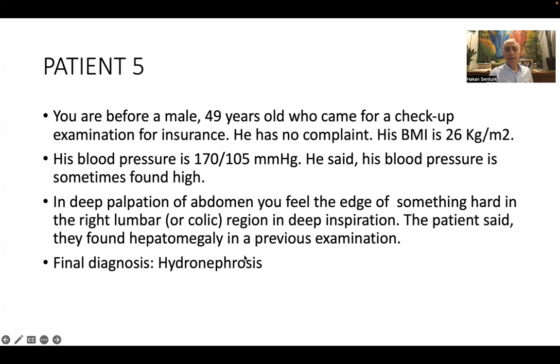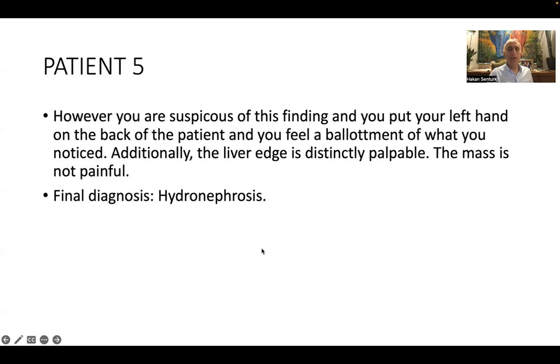A right kidney may go into hydronephrosis due to infection, and it may be completely symptomless, and it may be discovered in routine examinations. And you remember that while palpating the liver, you should take into account that in this region, kidney, adrenal gland problems and colonic problems may be confused with hepatomegaly.